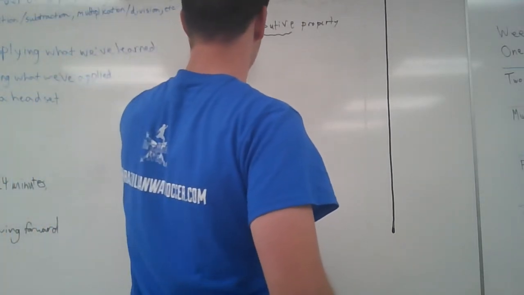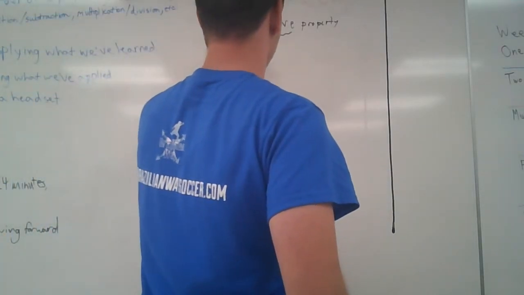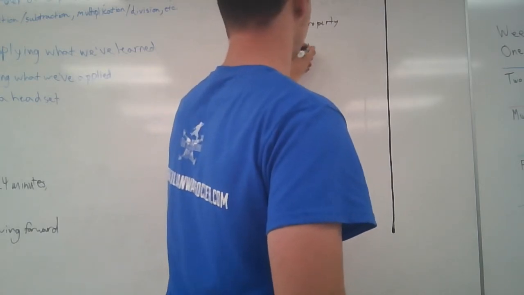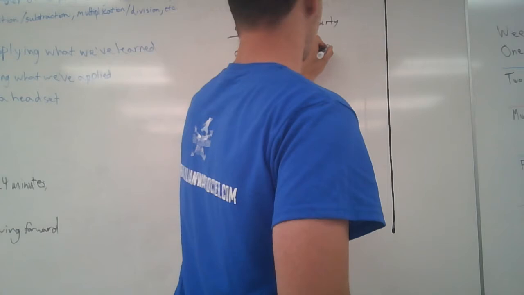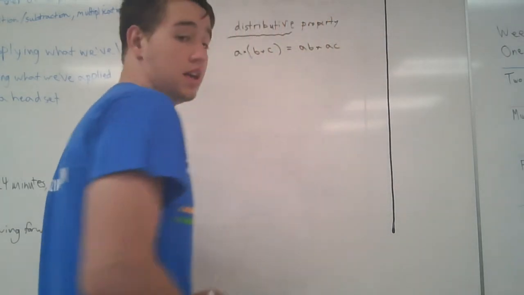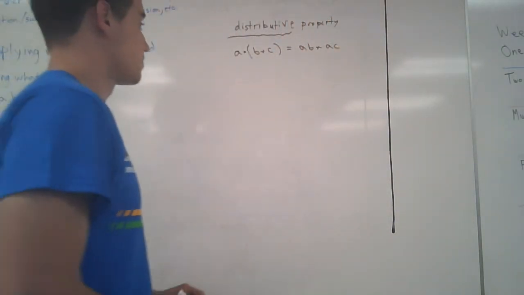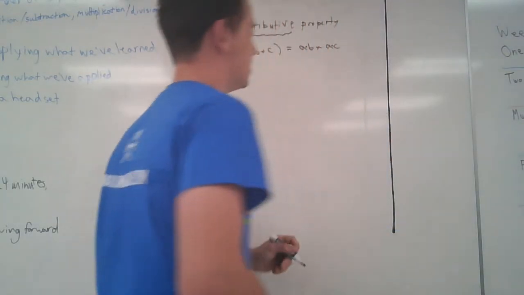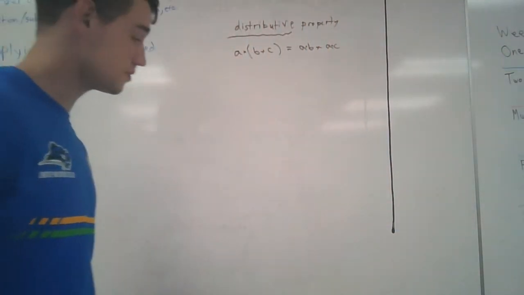So A times (B plus C) is equal to AB plus AC. Meaning, well, I guess I'll put a little times symbol just to keep things consistent.